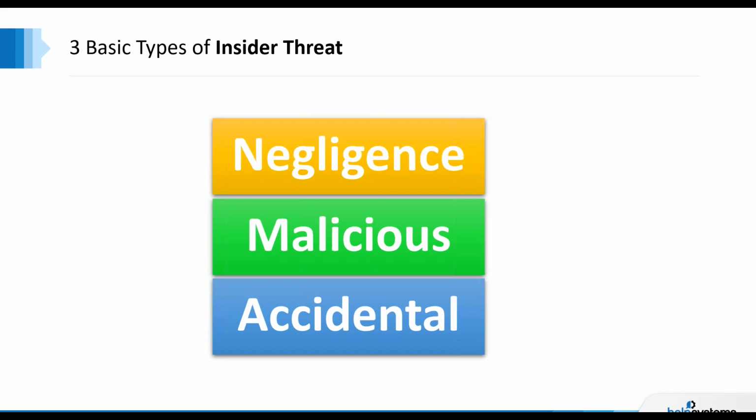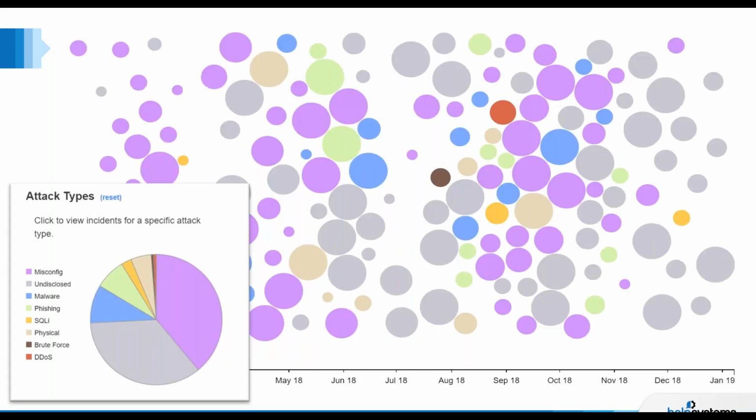So typically insider threats fall into one of these three categories, but I think we're all guilty, when we hear the term insider threat, of immediately assuming that it was some type of criminal or malicious act. Based on the calls that I have and the customers that we meet with, most of the activity that we see actually falls in one of the other categories.